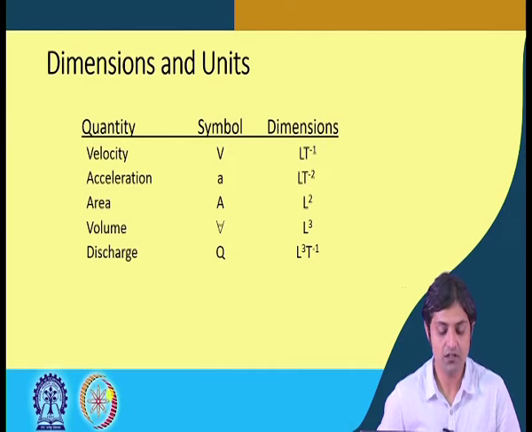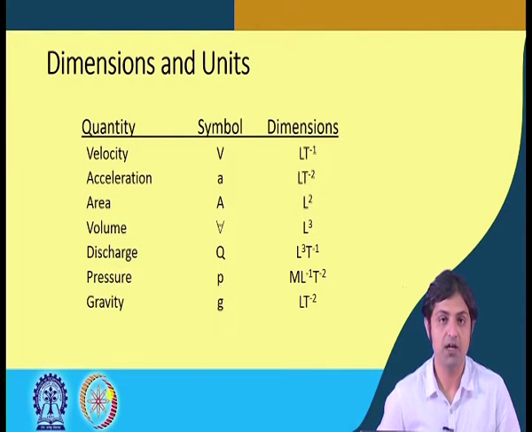Discharge is L cube T minus 1. Pressure is ML minus 1 T minus 2, and gravity is LT minus 2. So you should be able to show some of these properties by doing this analysis, by writing the basic equations.